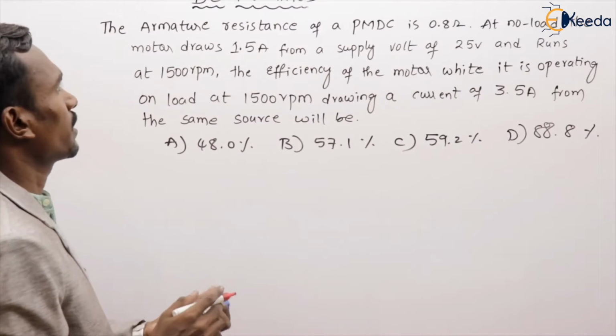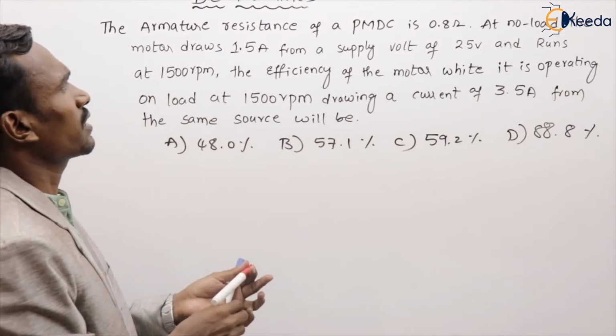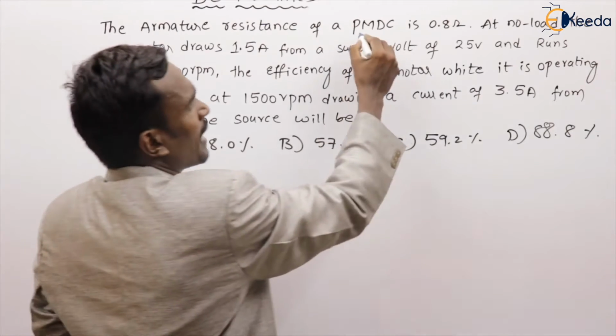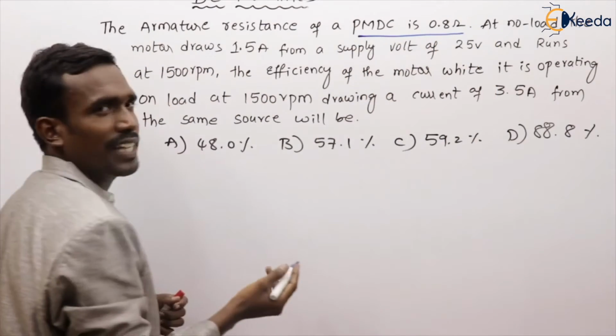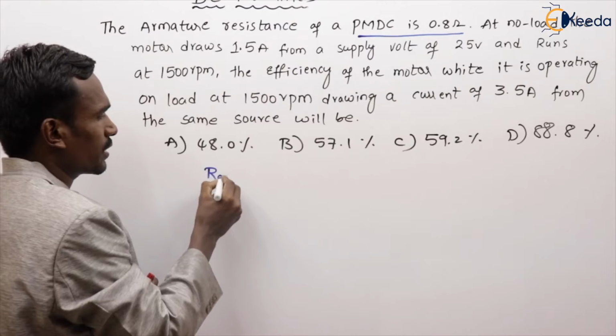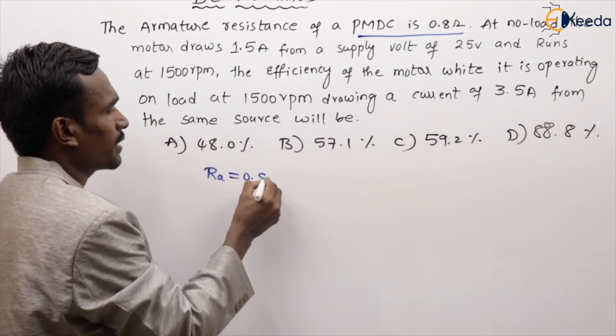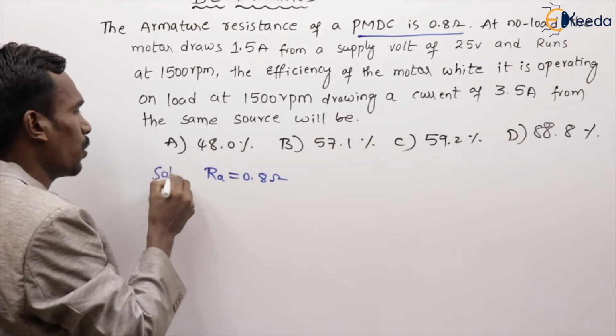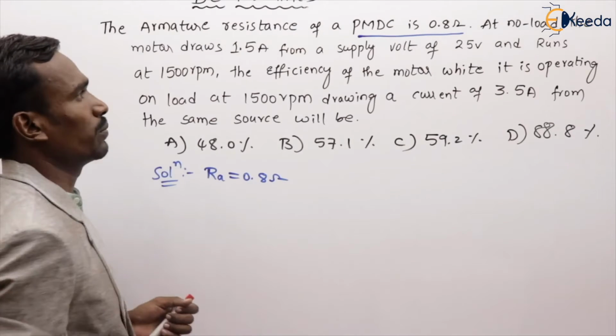Next question, see here. The armature resistance of a permanent magnet DC motor is 0.8 ohms.